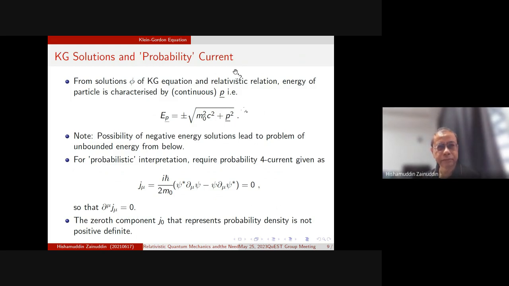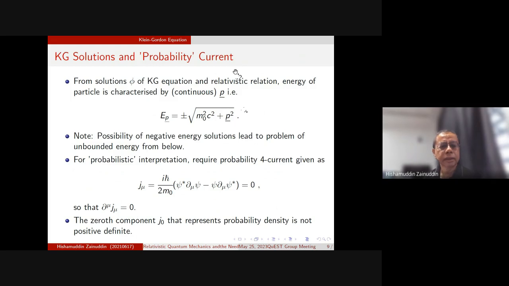If you think of it as a closed system, a particle can simply fall down to a much more stable state, going to negative energy states. That is not good for a good particle theory, so one needs to resolve this issue at some point.